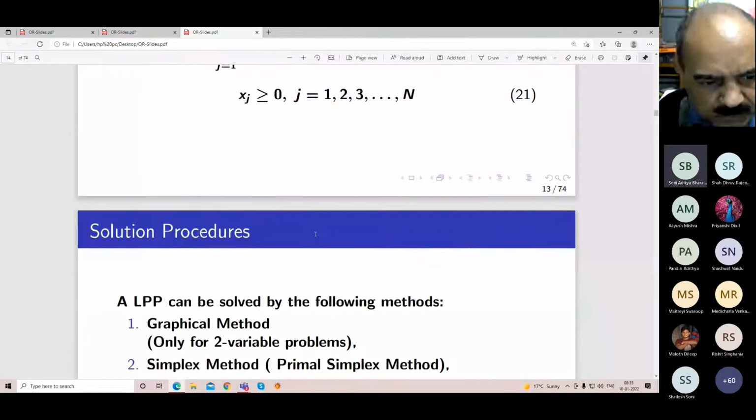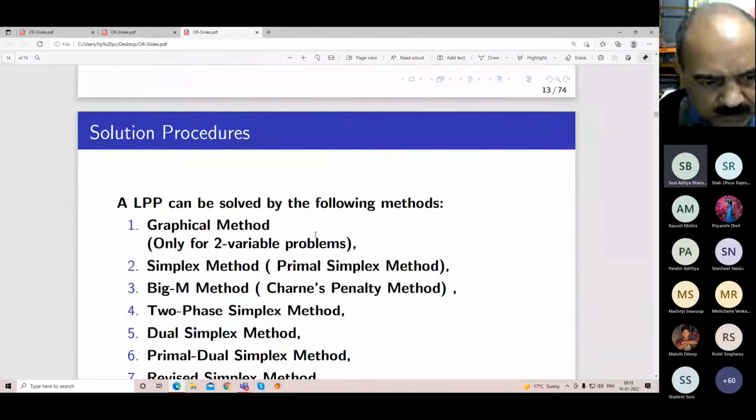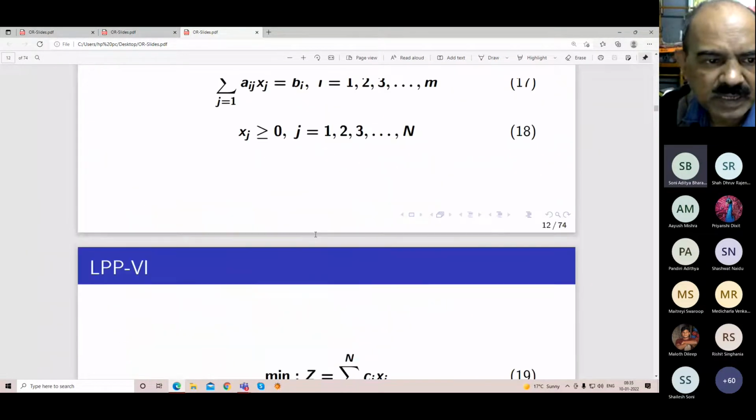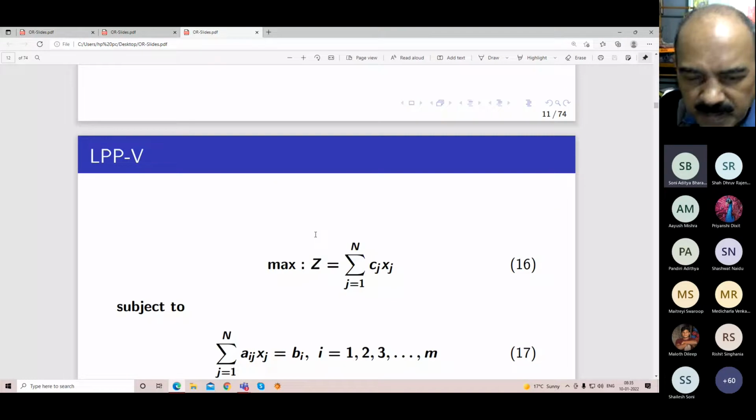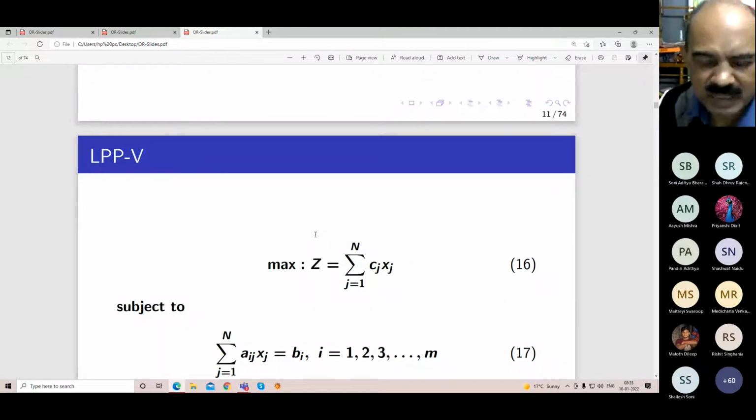Sir, in the LPP 5 which you showed, how did the constraint change for the maximization objective? Initially we had small n number of variables, and how did it become capital N?